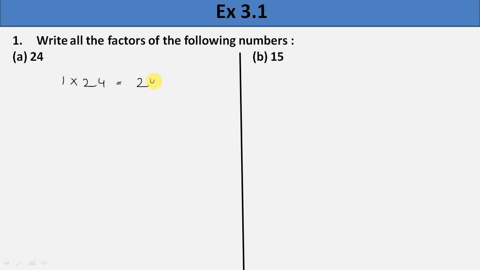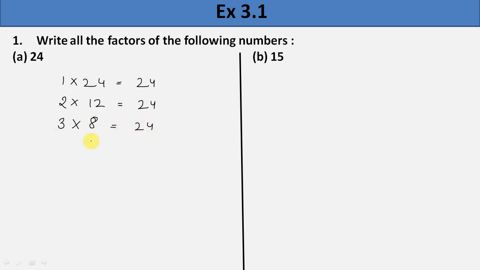Now 24 is an even number, तो वो 2 के टेबल में आएगा, right? Now 2 into 12 is 24. Now 24 comes in the table of 3, yes. So we will write down 3 into 8 is equals to 24. 3 8s are 24.